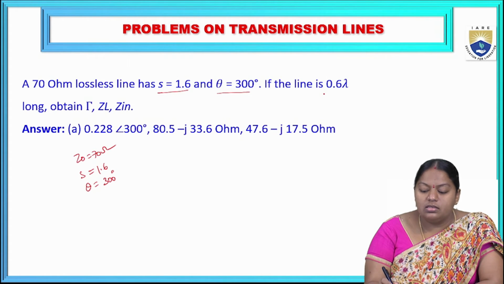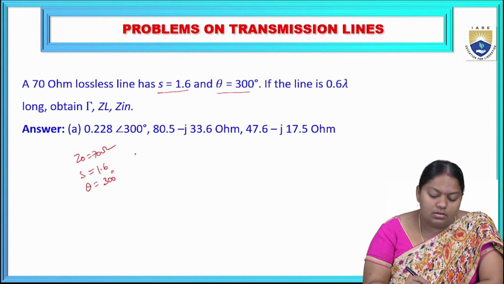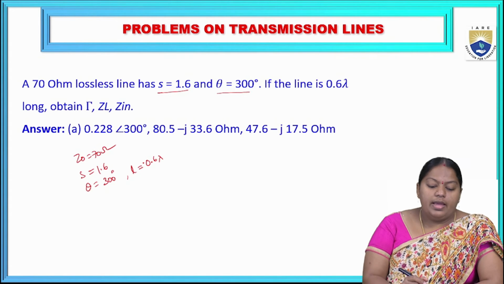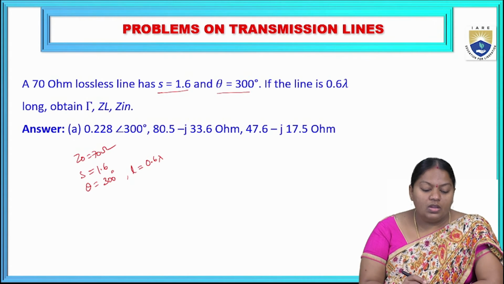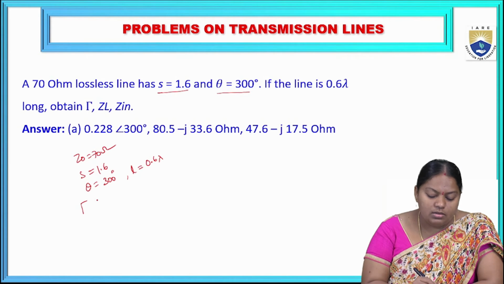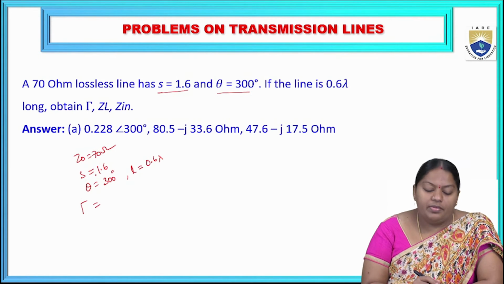If the line is 0.6 lambda, the L value is also given, that is 0.6 lambda. To find gamma first, we can use this standing wave ratio S: gamma in terms of this is S minus 1 by S plus 1, right?